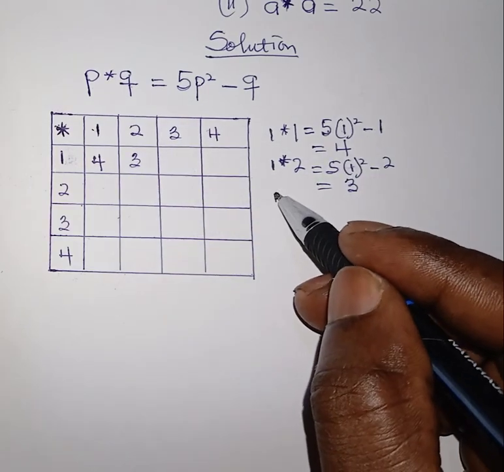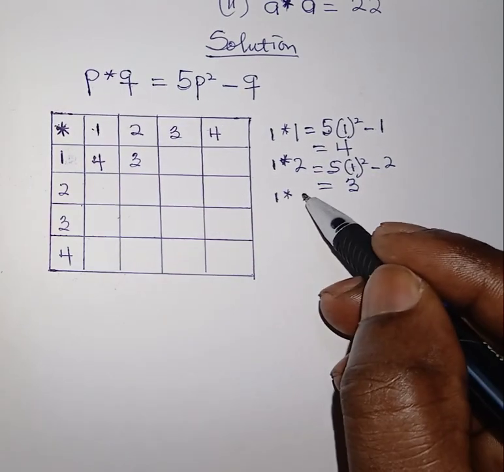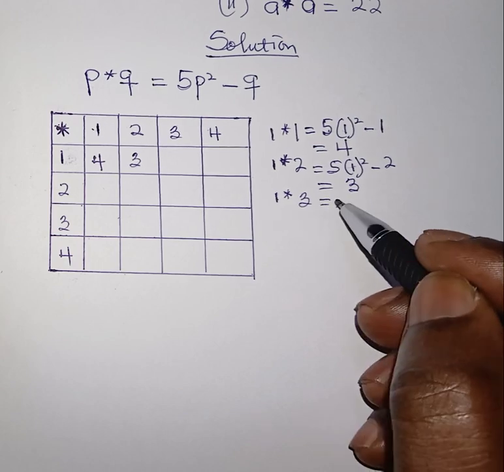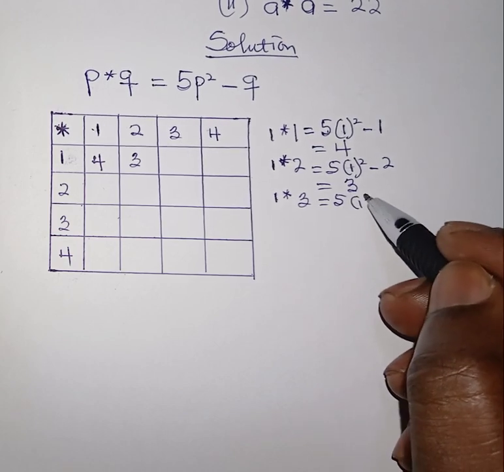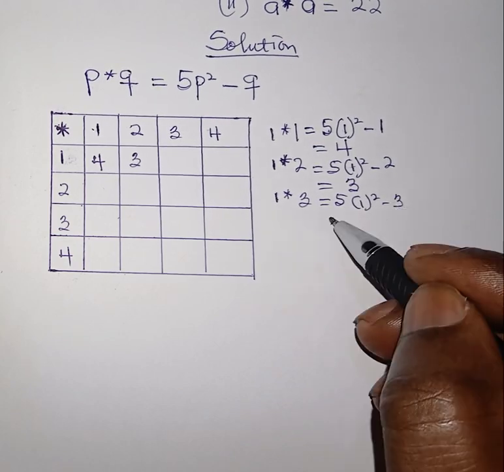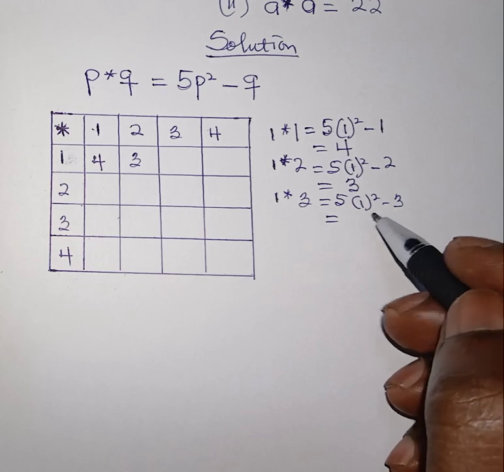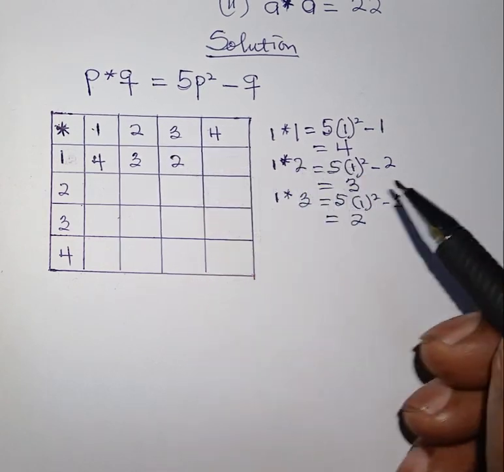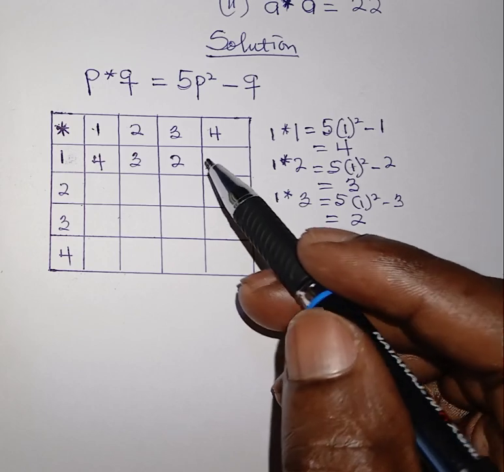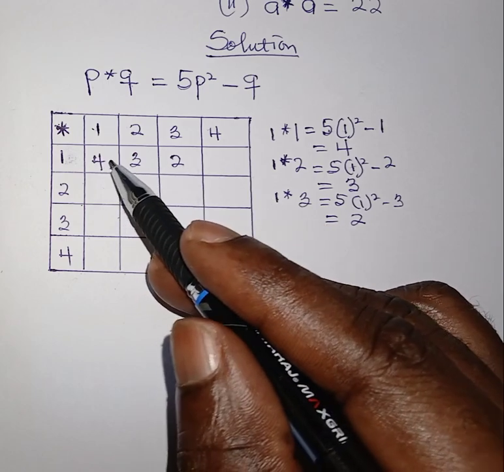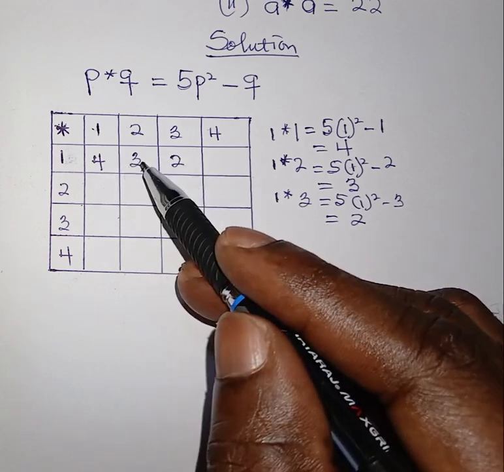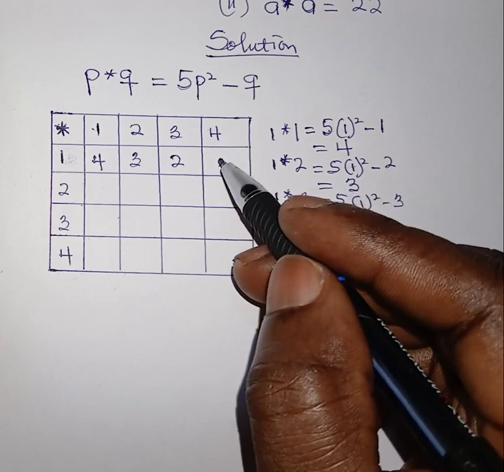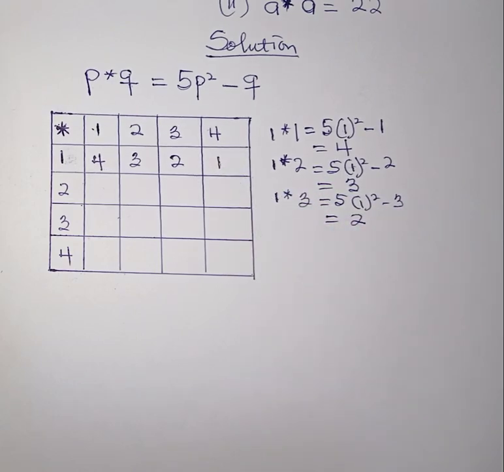I'll pick 1 star 3, which is equal to 5 times 1 squared minus 3, and here becomes 2. You see that it's following a pattern. If here is 4, here is 3, here is 2, then I'll get here to be 1. Have you gotten that? Great.